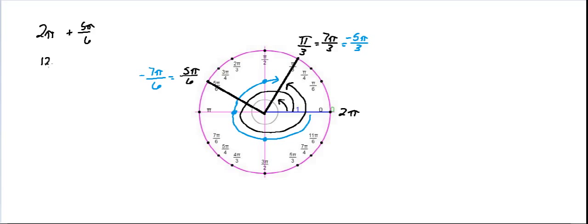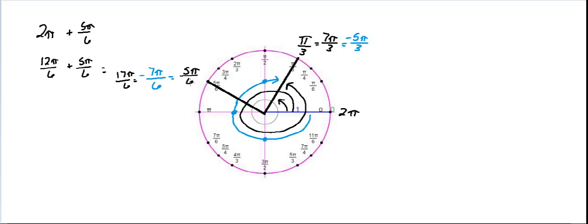In other words, I would have 12 pi over 6 plus 5 pi over 6, which gives me a grand total of 17 pi over 6. And that is a coterminal radian measurement with 5 pi over 6.